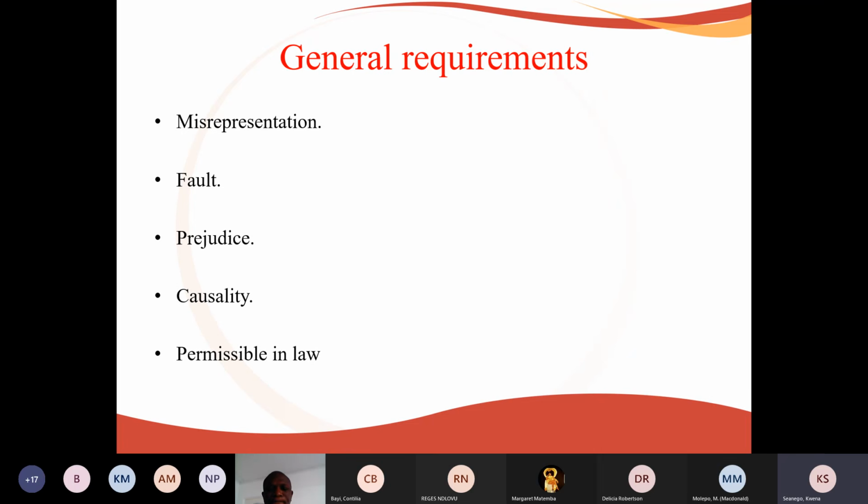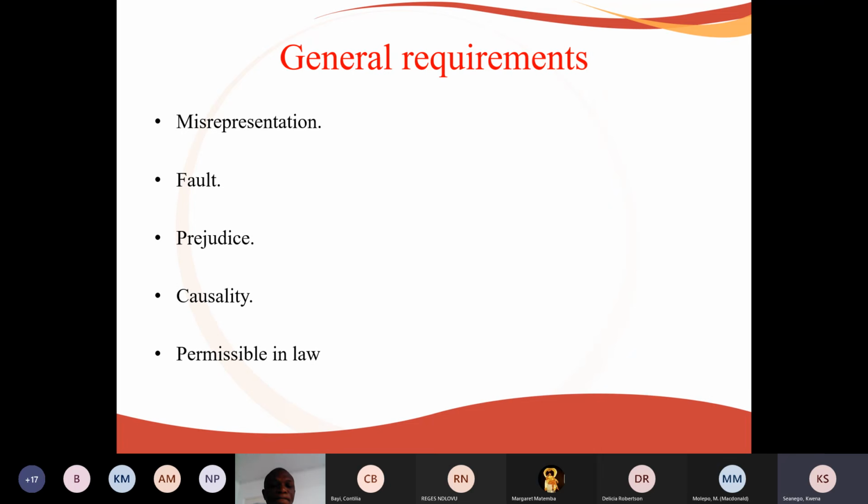Therefore, remember what you need to do at this level of your studies is to be able to, in the end, give advice to your client. Remember, you might be practicing at that time and you have a scenario. Your client will be coming to you, giving you a story.